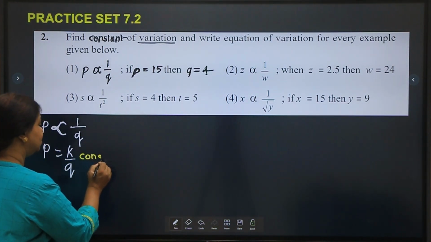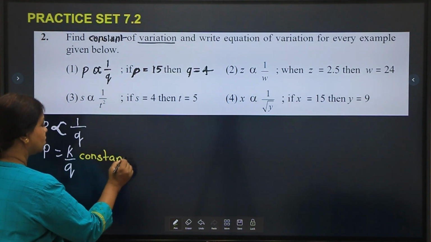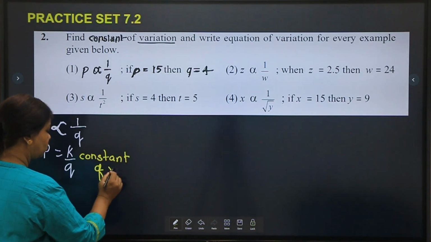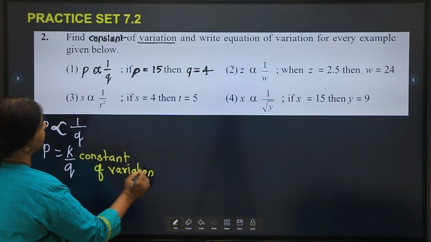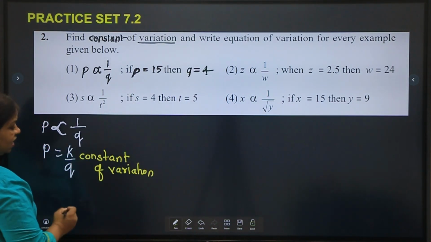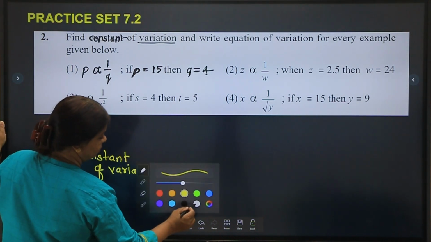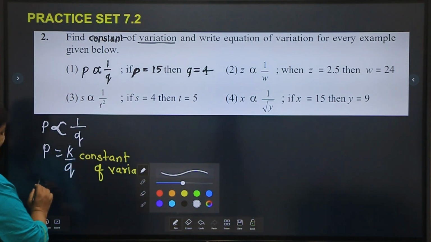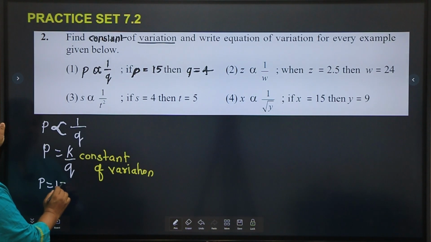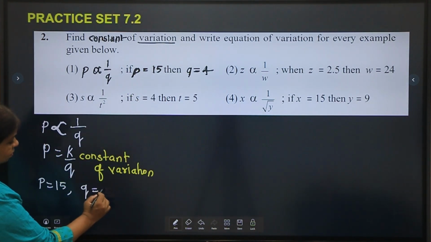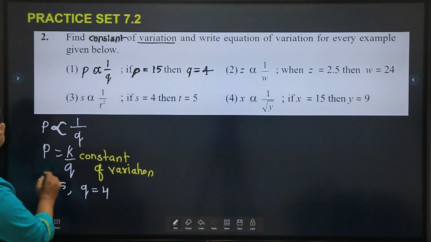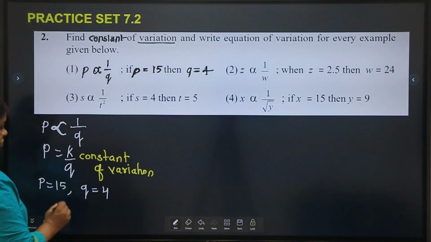Constant of variation. So, when P is 15, Q is 4, find constant of variation value.